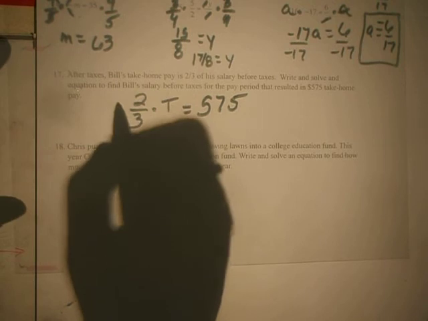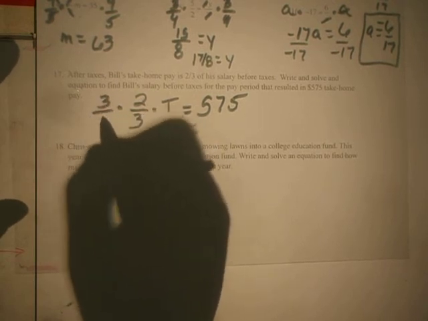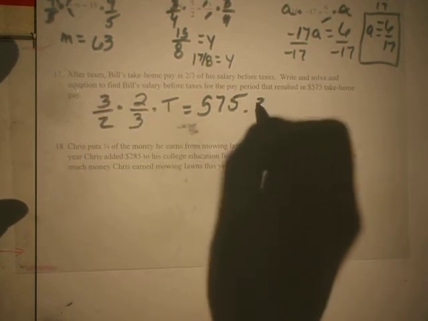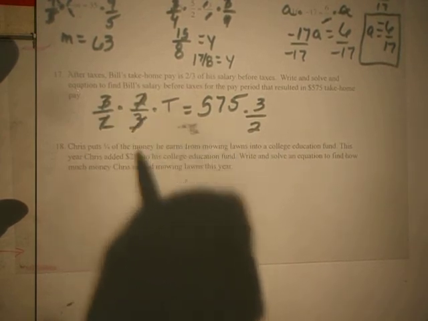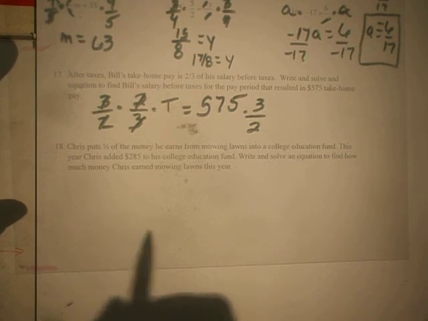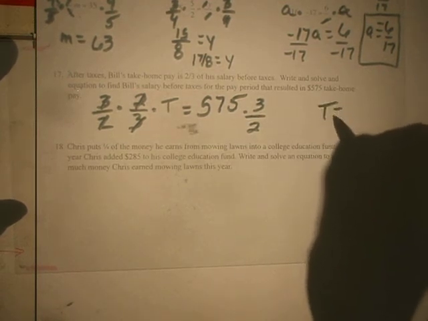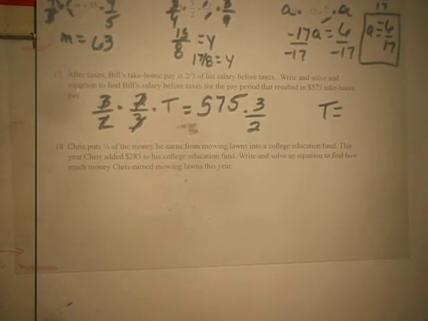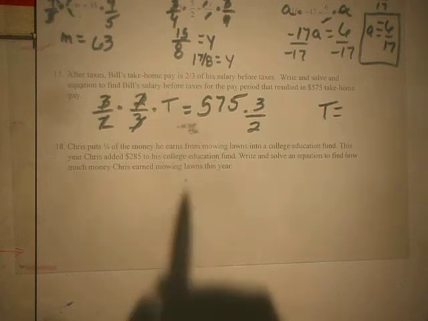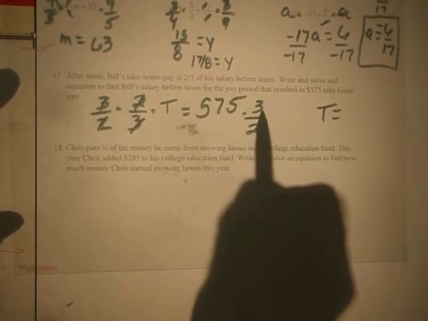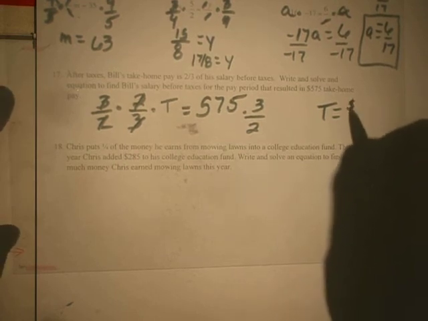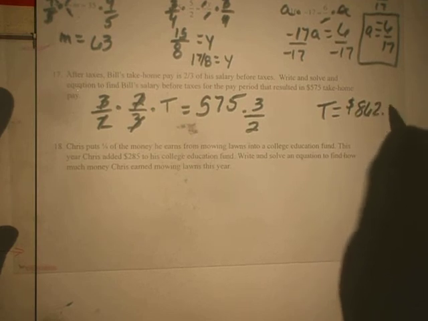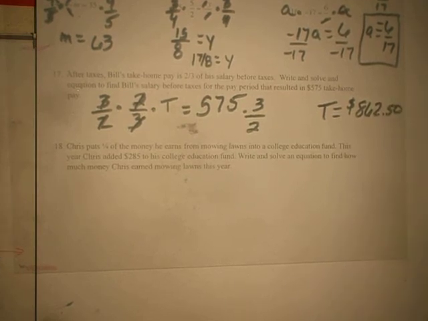To get rid of 2/3, we are going to multiply both sides by 3 over 2. On the left side, everything cancels out and we're left with T. And on the right hand side, 575 times 3 divided by 2. You can multiply that on your calculator, and it's $862.50.